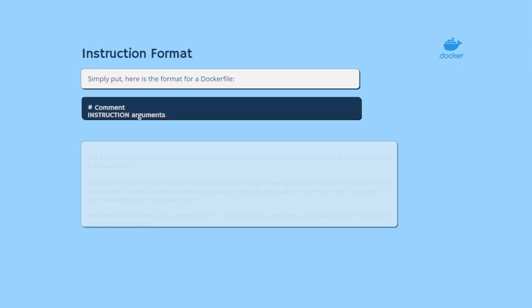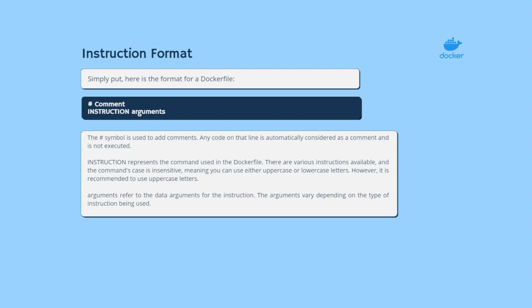Simply put, here is the format for a Dockerfile: a comment line, then INSTRUCTION arguments. The # symbol is used to add comments. Any code on that line is automatically considered as a comment and is not executed. Instruction represents the command used in the Dockerfile.